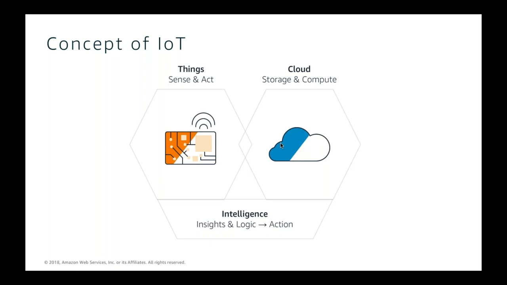The reason you want to capture all this data is so you can run some intelligence on top of it and drive some insight from this data, whether it's real-time use cases or predictive use cases. So you get a better view of what's happening in the physical IoT world, and bring the digital information and analyze it with the storage and compute capabilities available in the cloud.